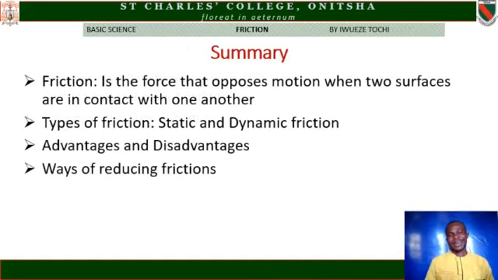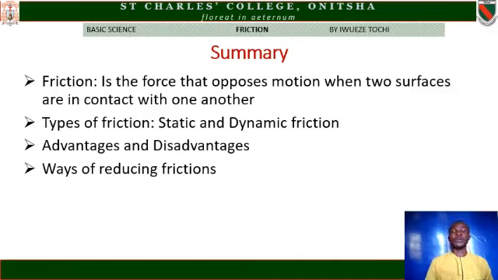Summary. Remember, at the beginning of this lesson, we defined friction as the force that opposes motion when two surfaces are in contact with one another. Types of friction: we have static friction or limiting friction, and dynamic or kinetic friction.